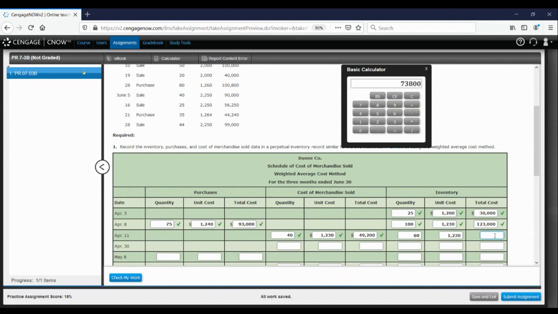And that will give you an ending inventory cost on April the 11th of $73,800.